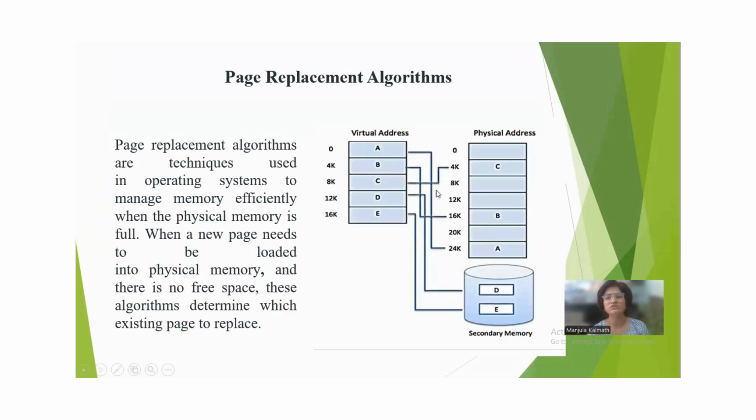Here we can notice the diagrammatic representation, in which we have a hard disk and the main memory, the physical address. And this is the virtual address, where the execution of the program takes place using these pages. These are the required pages for the execution of the particular program.